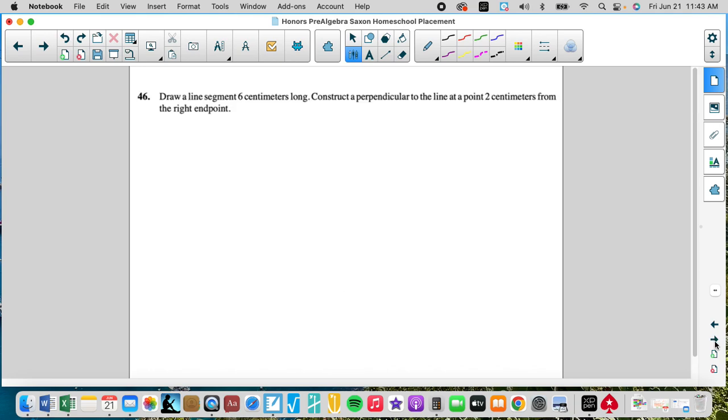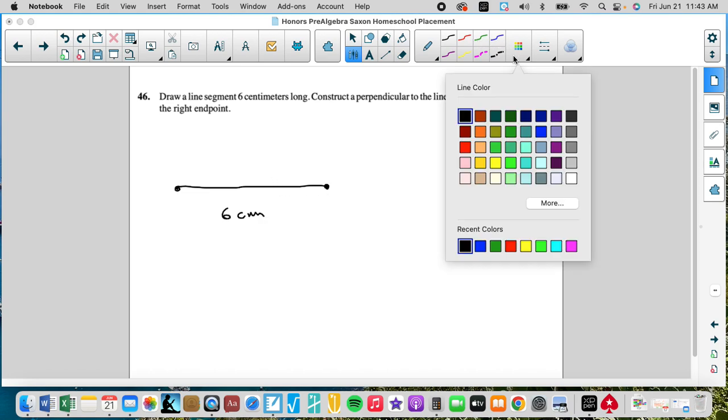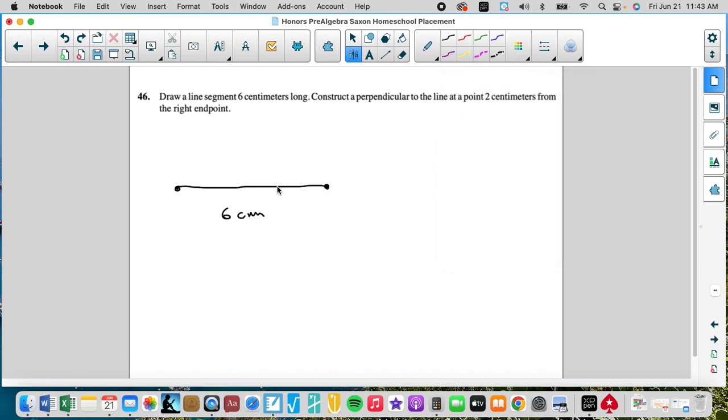Number 46, draw a line segment 6 centimeters long. So if we draw a line segment 6 centimeters long, we'll say 6 centimeters, and construct a perpendicular to the line at a point 2 centimeters from the right end point. So I would measure out 2 centimeters, and let's say that distance is 2 centimeters.